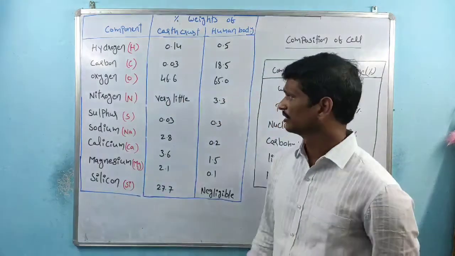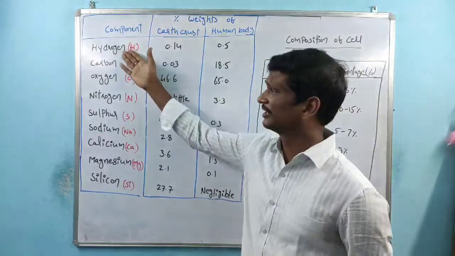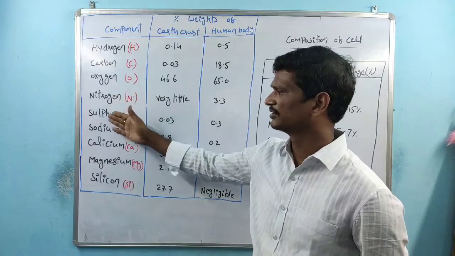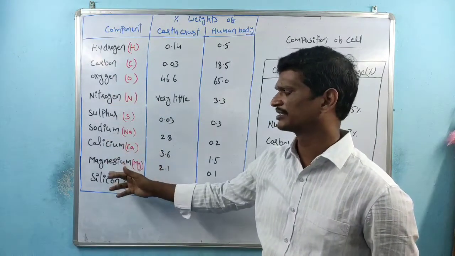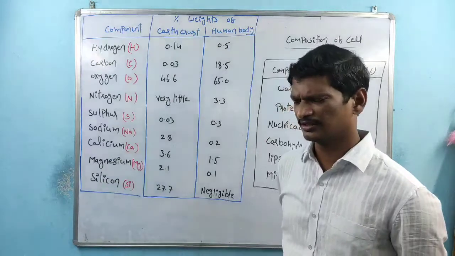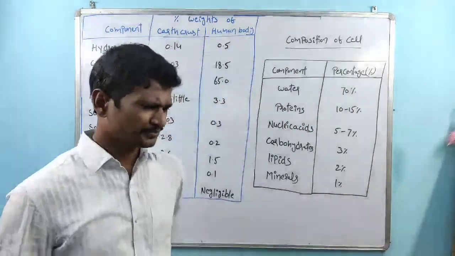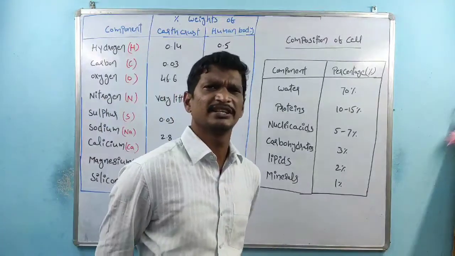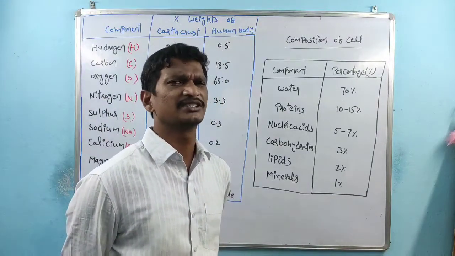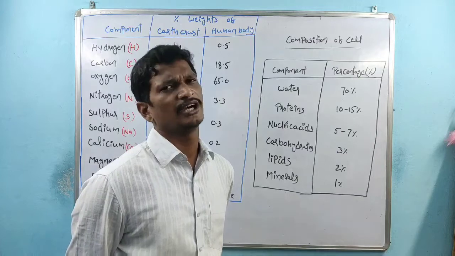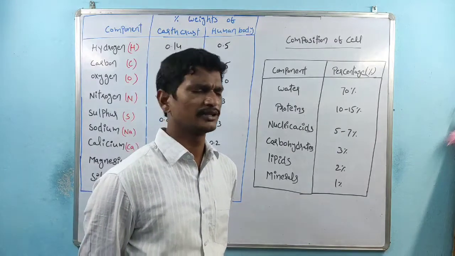So here the elements are hydrogen, carbon, oxygen, nitrogen, sulfur, sodium, calcium, magnesium and silicon. Remember these values. Definitely whatever tables and images are given in NCERT, we have to remember.